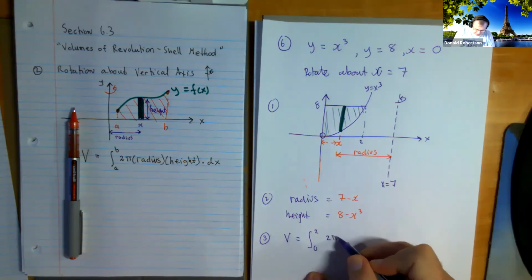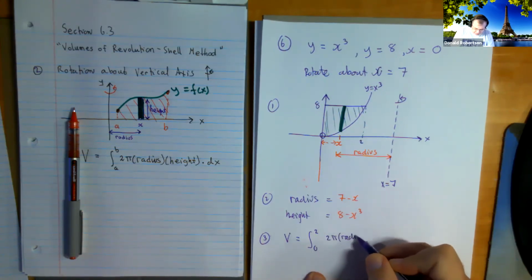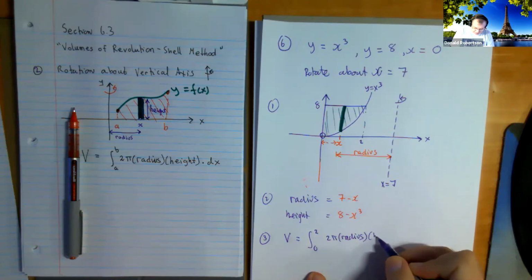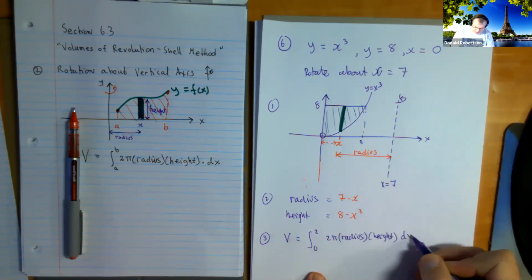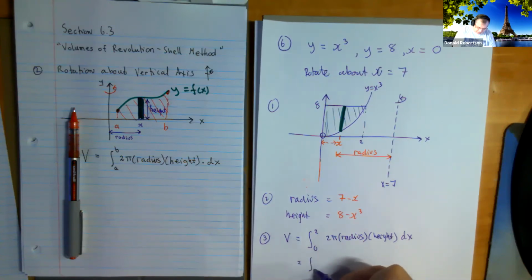2 pi, radius, height, dx. It's going to be the integral from 0 to 2, pull out the 2 pi. A radius followed by a height.